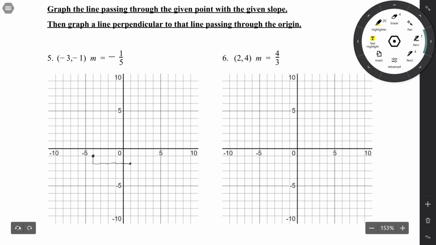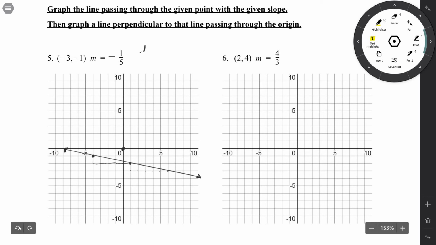And we can do a few more here. 1, 5. And I actually have a straight edge I'm going to use on my screen here because my lines have been disgustingly crooked lately. There we go. So there's the first one. And now we need to find a line with a perpendicular slope that passes through the origin. So we know one of the points here is 0, 0.